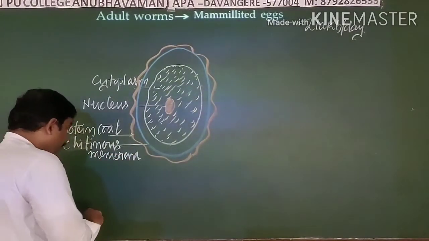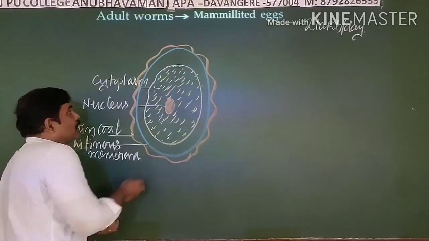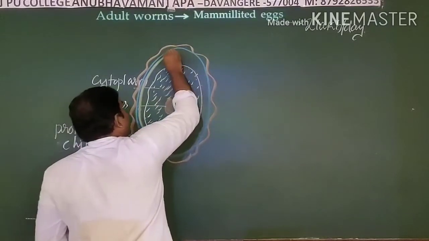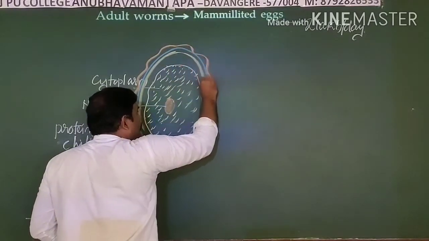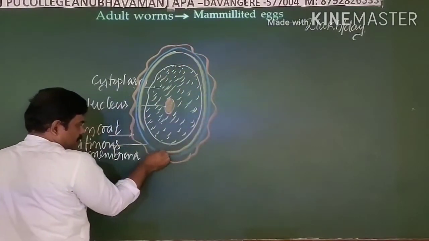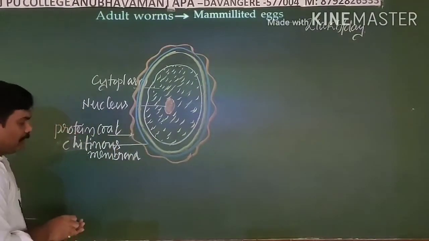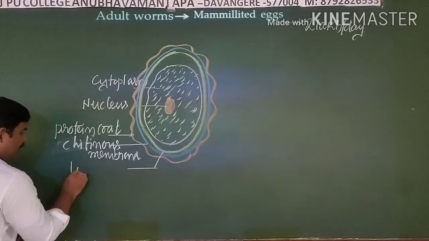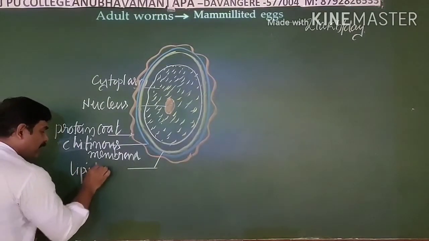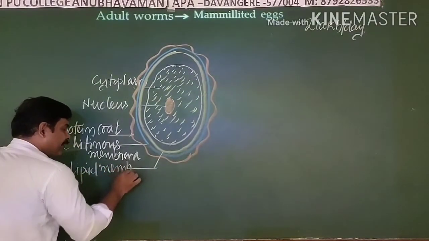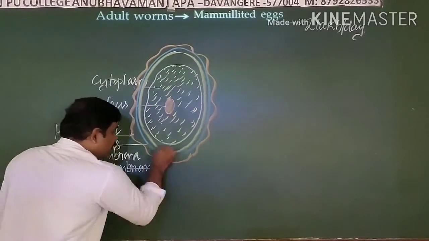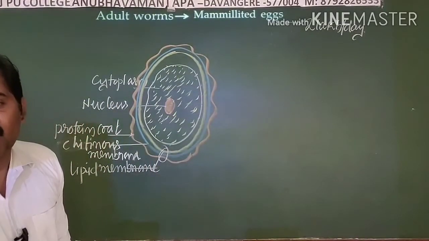Just below this there is one more layer, made up of fats or lipids. This is the lipid membrane. All these three together form the shell.